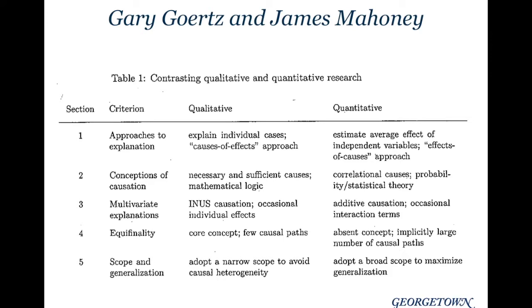They also differ in their conceptions of causation. Case study methods are often associated with arguments about necessity or sufficiency, although not always. Some case study researchers think of themselves as dealing with probabilistic causes. And quantitative researchers often do think in terms of probabilistic causes, but again, some of them may think that they're really trying to get at causation that's actually more deterministic.